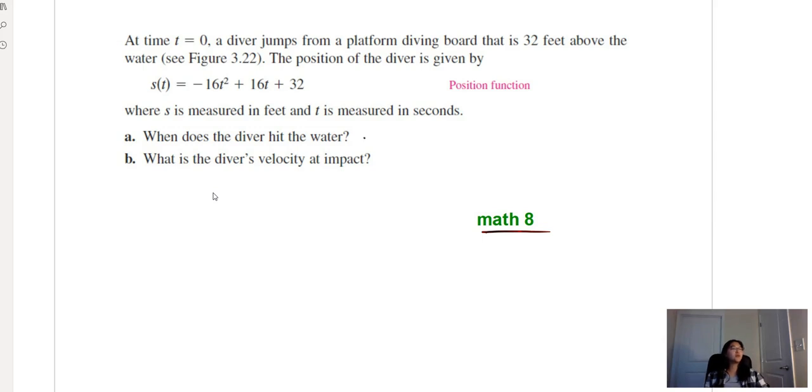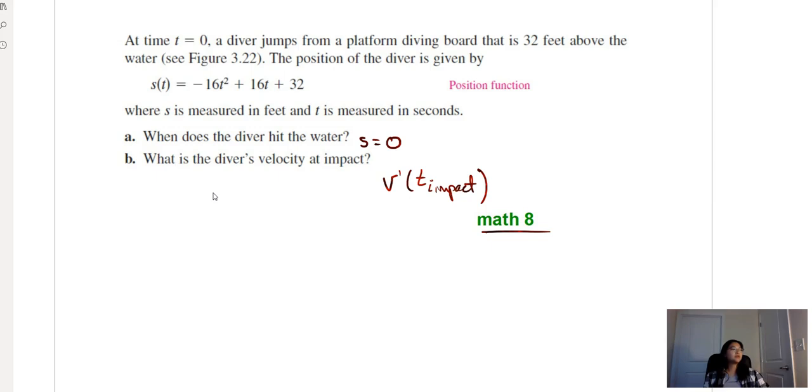That's probably going to be when does s equal 0? At what time does s equal 0? And what is the diver's velocity at impact? That's probably what's v at that t that you found, t impact. Try to figure that out.